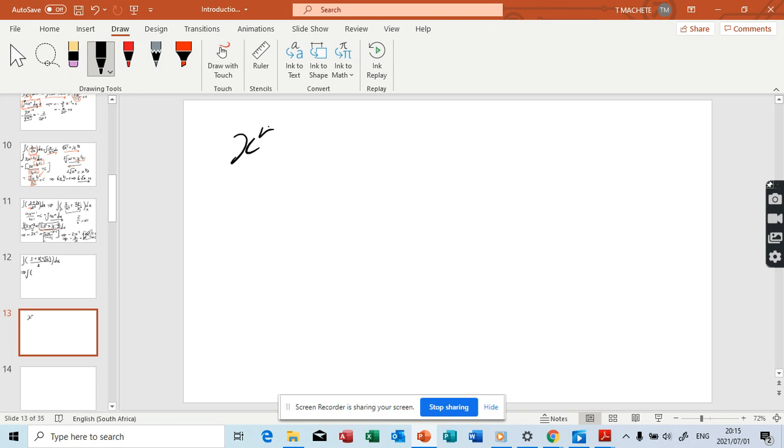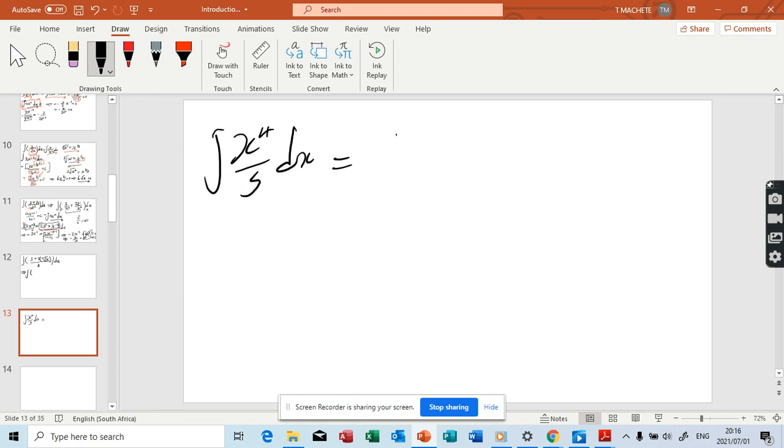X to the power 4 over 5. When you multiply this, when you simplify this, it is the same. Okay, let's say they said integrate. Thank you for raising that question. If you've got something like this, they said integrate.